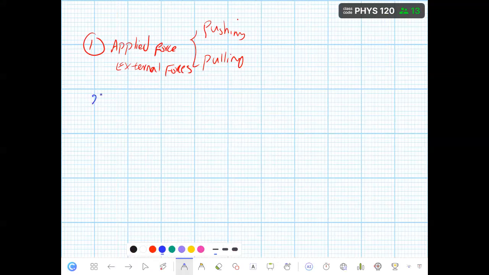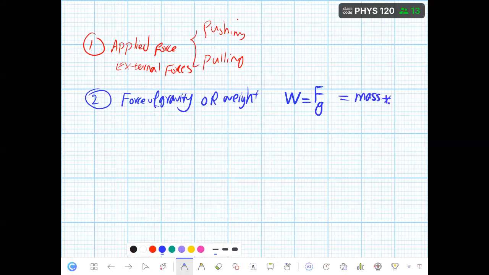The second force is the force of gravity, or weight. Sometimes we show it with W or sometimes with F G. And we can calculate the magnitude of the force of gravity. How? The magnitude is mass times g.